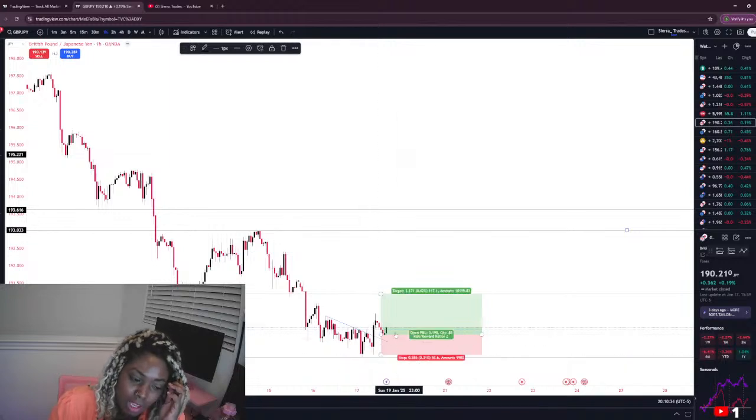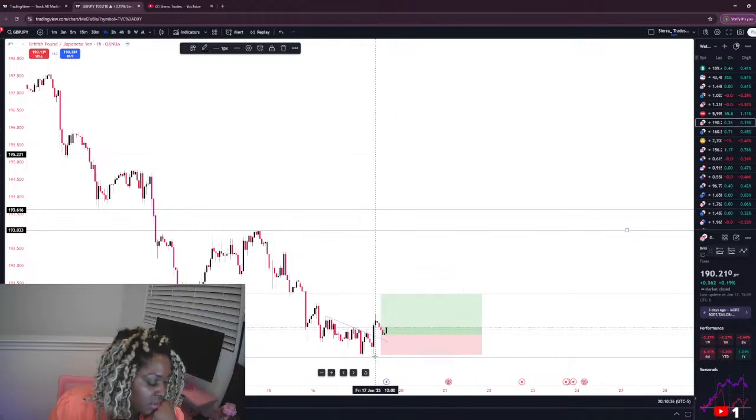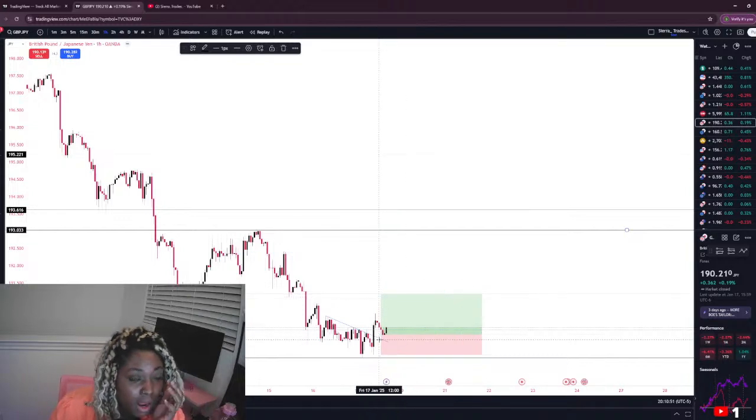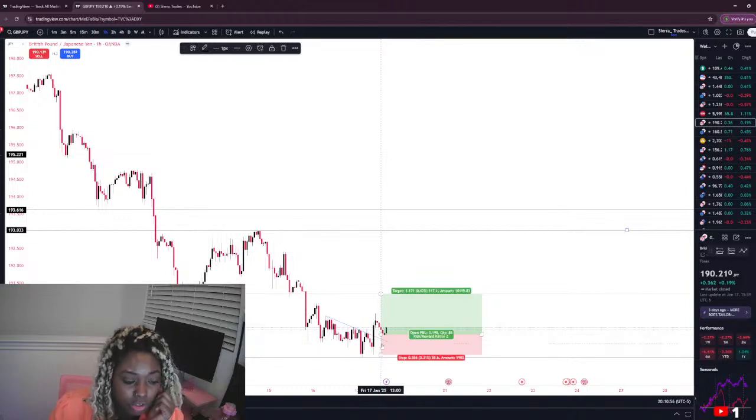On Monday, I would like to see price come down and then get back on top of this gap so that I can get in for the buy. But most of the time on Sunday, Monday, it finishes the move from Friday and then it consolidates and then goes into the move for the week on Tuesday.